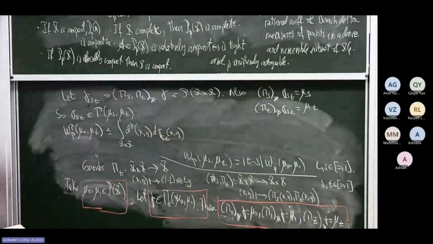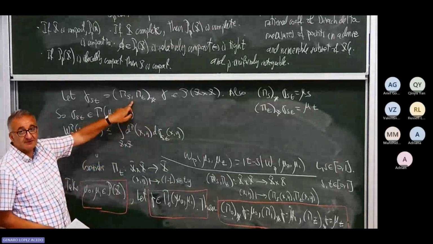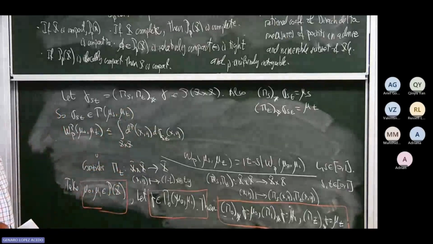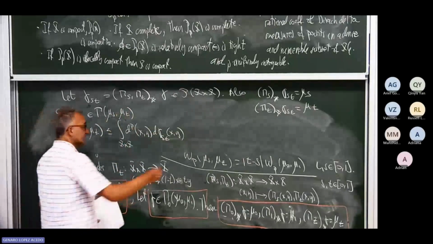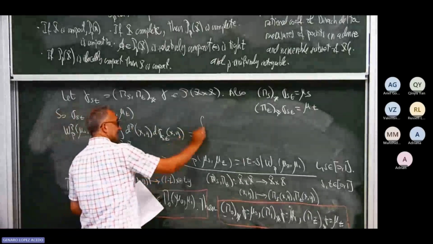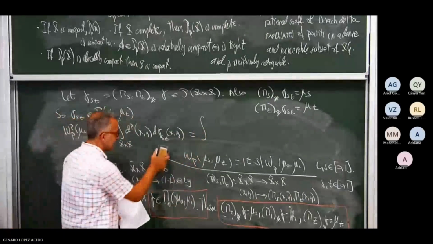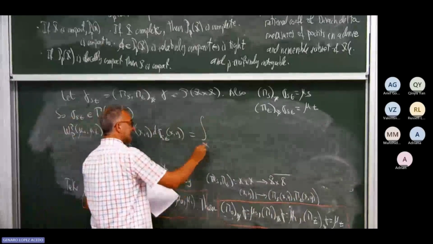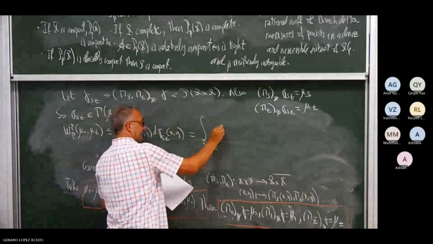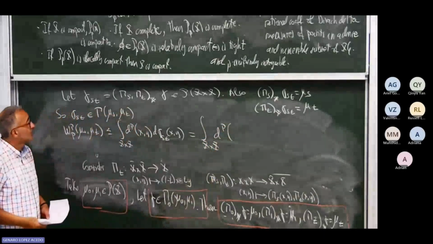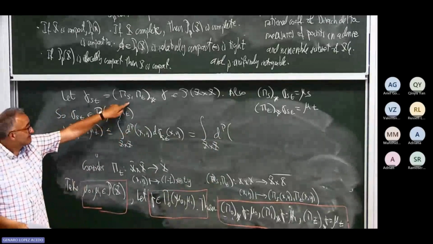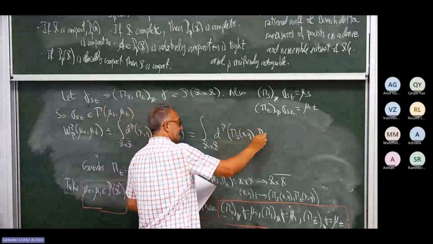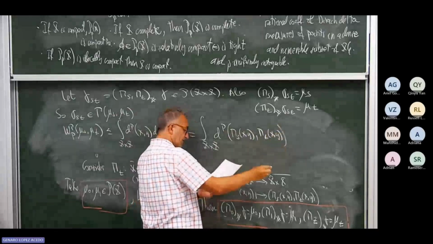But now we know that this is a push-forward measure, so applying the change of variable formula for the push-forward measure, we can rewrite this integral as the integral over X times X of d composed with this mapping, so we have P_s(x, y), P_t(x, y).